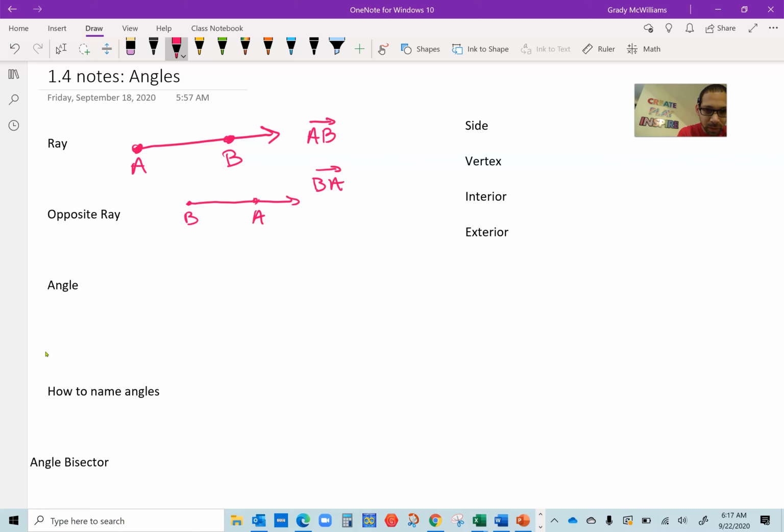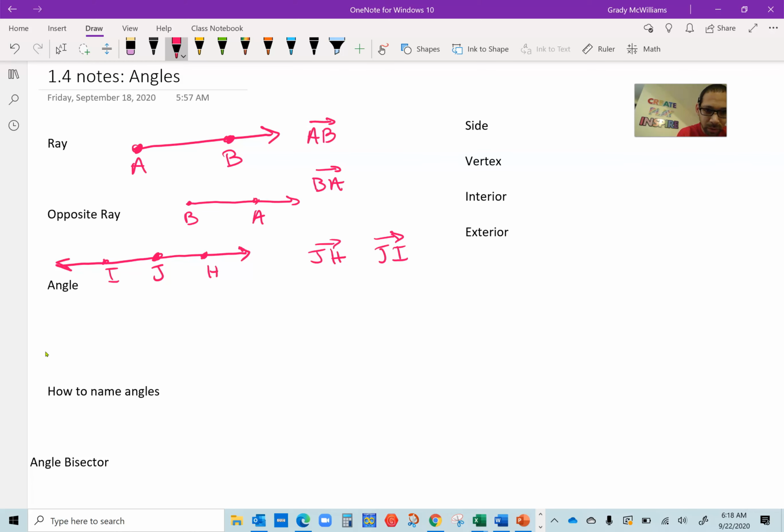And what are opposite rays? Well, if you have something that has the same endpoint but goes in opposite directions. So maybe this is J and it goes through H, but this is J and it goes through I. So you've got two rays here, ray JH and ray JI, but they go in opposite directions.